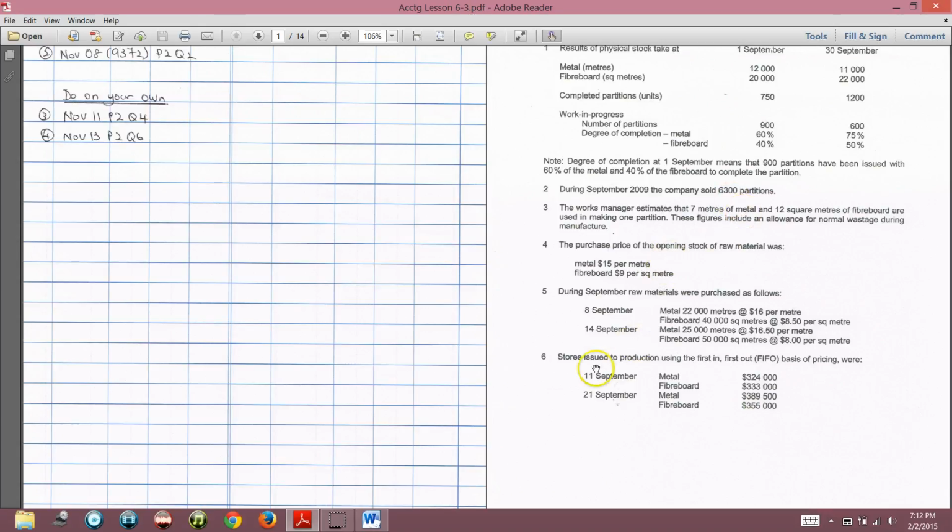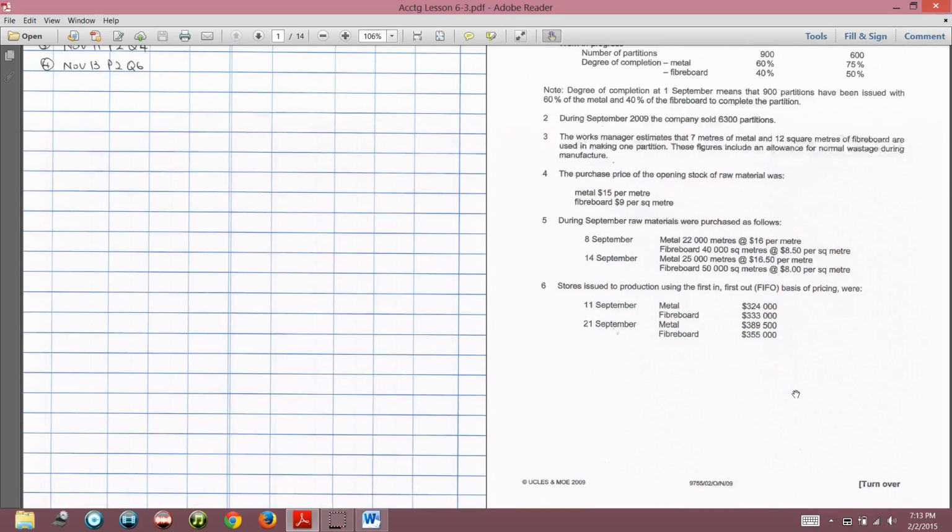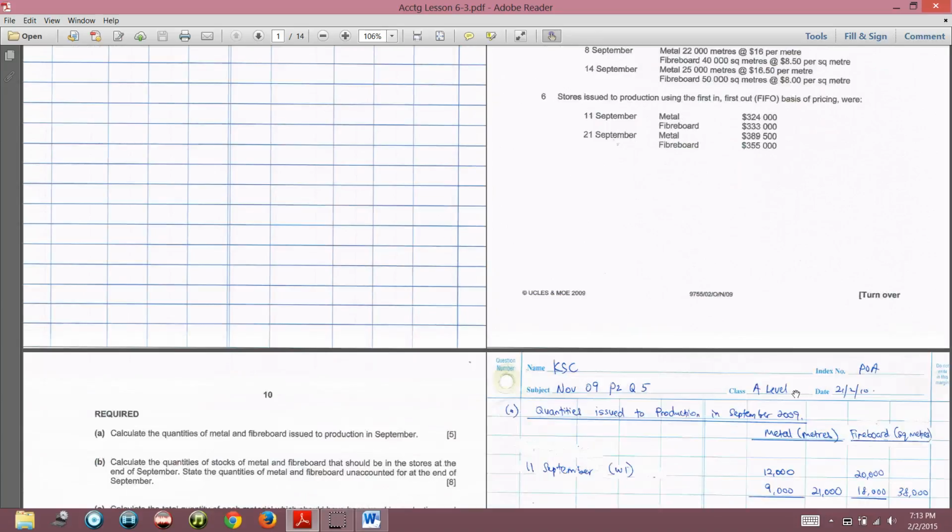Number 6, stores issued to production using first in first out basis of pricing were as follows. So this one, stores issued to production. Isn't it giving us a hint of how to answer the question? You should have the question paper with you. The question says, calculate the quantity of metal and fiberboard issued to production in September.